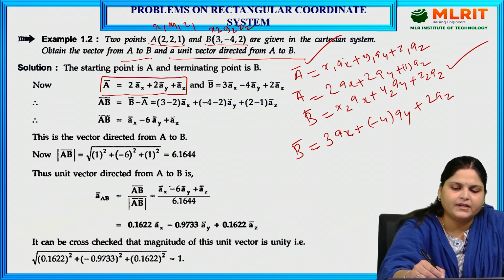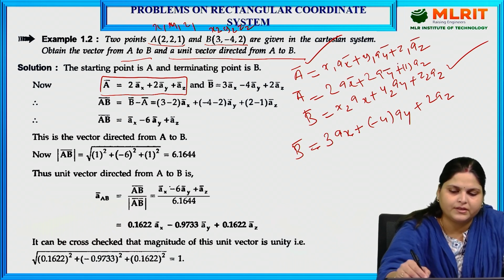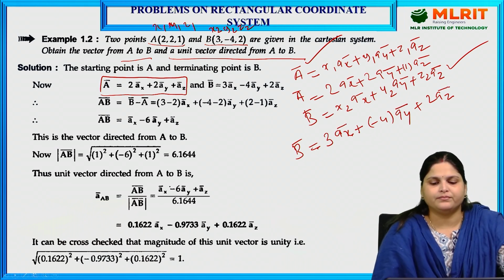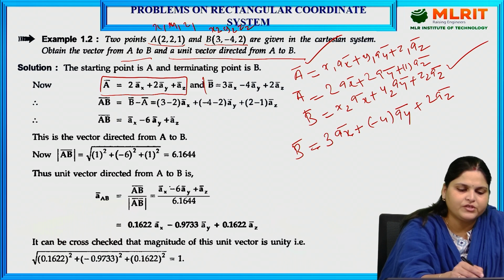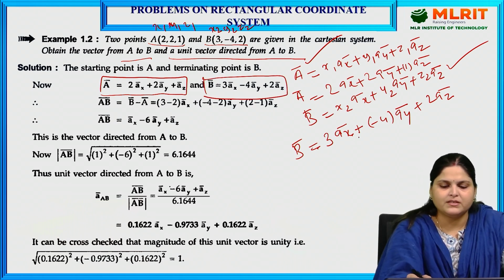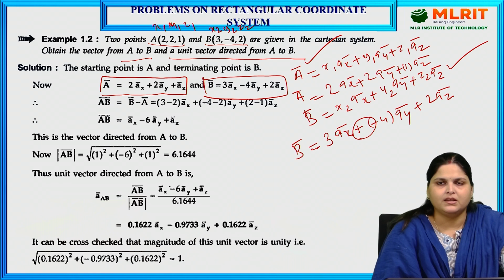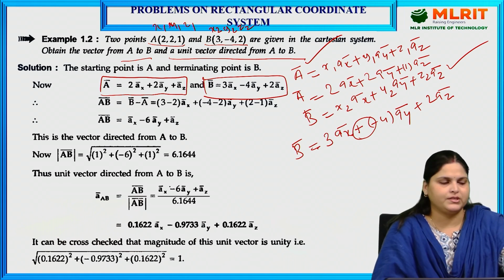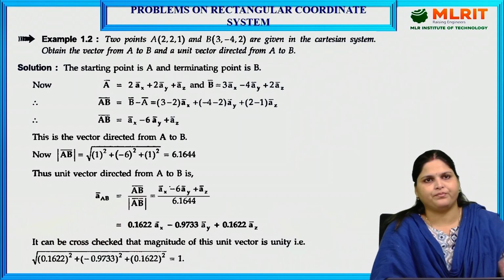These all are vectors actually, so we always should put this bar whenever we are writing any vector quantity. So B is equal to 3ax minus 4ay plus 2az. Now we have both the vector equations for A and B.